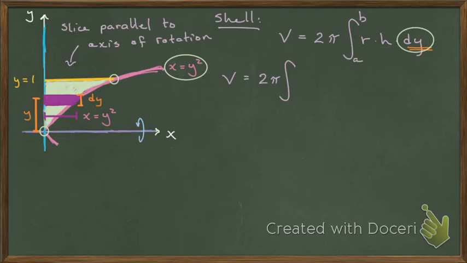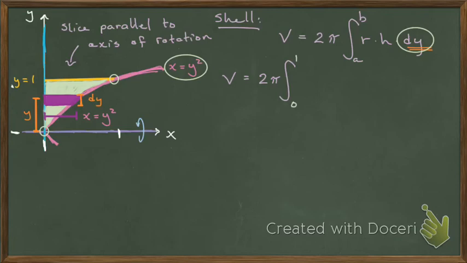So my y's here are going vertically from y equals 0 to y equals 1. Instead of moving from x equals 0 to x equals 1, these slices are moving vertically up from 0 to 1. So they're going to be 0 to 1 again.